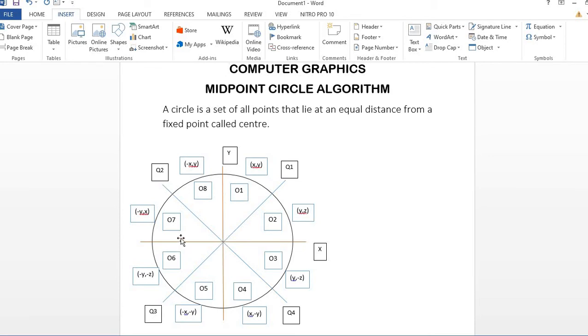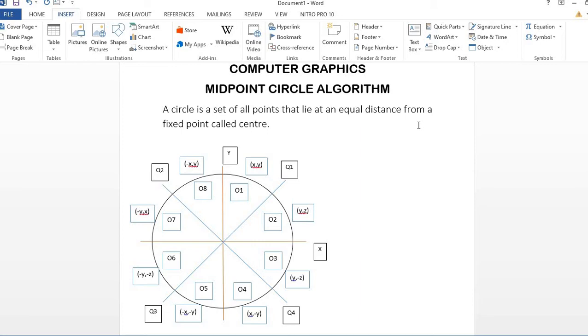A circle is a set of all the points that lie at an equal distance from a fixed point. It is called the center of the circle. In the definition of a circle, the center means the fixed point, and the equal distance is denoted as the radius.